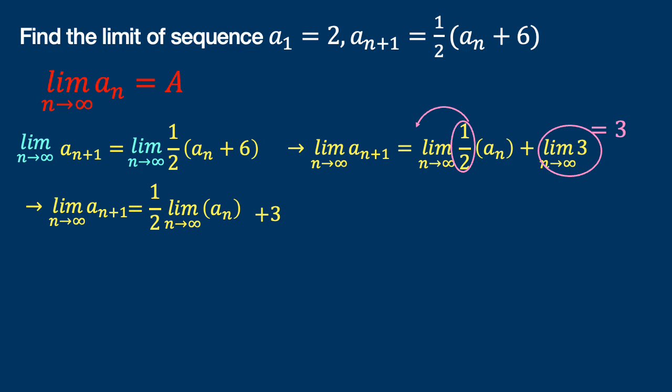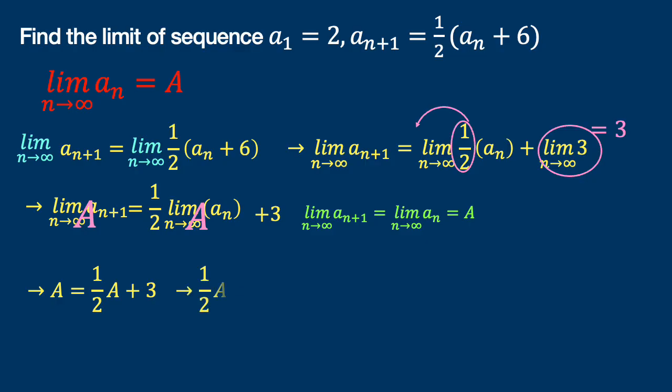We want to find the limit of a_n, and the behavior of a_{n+1} is the same. The limit of a_{n+1} and the limit of a_n are exactly the same. Okay? So this one is a, this one is a, guys. So we have a equals 1 over 2 a plus 3. Solve this equation. That's going to be 1 over 2 a equals 3, which means a equals 6.